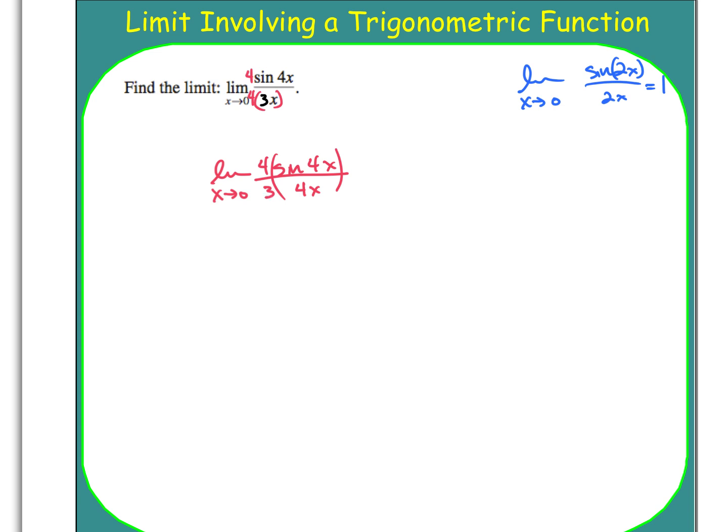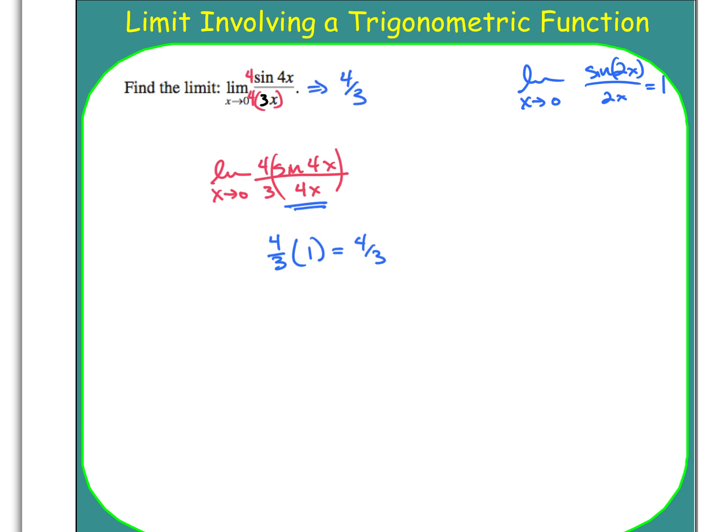Yes, 3 times 4 is 12. But that's not the way I want to look at it. I want to look at it as sine of 4x over 4x. Because what do I know that this part's going to go to? That part's going to go to 1. And so now I end up having 4/3 times 1, which is 4/3. And so then that is equal to 4/3.